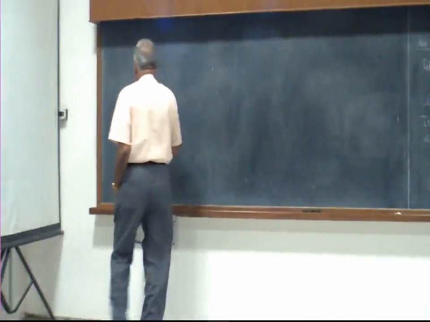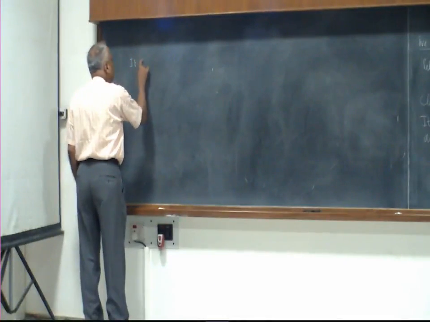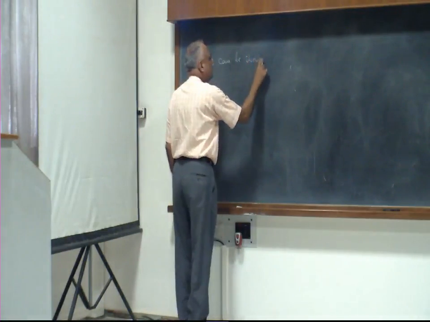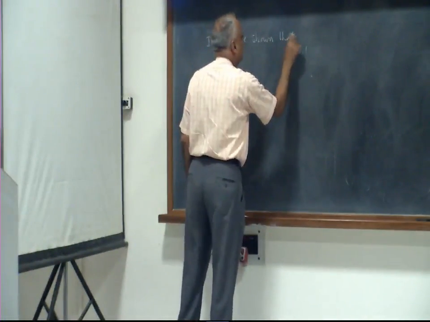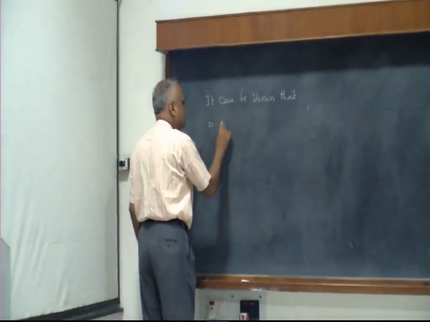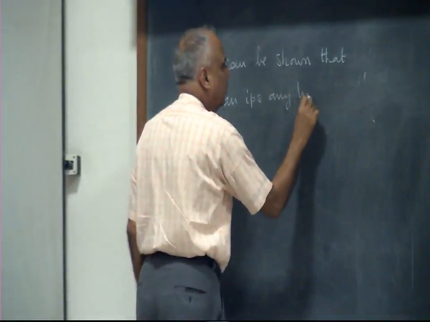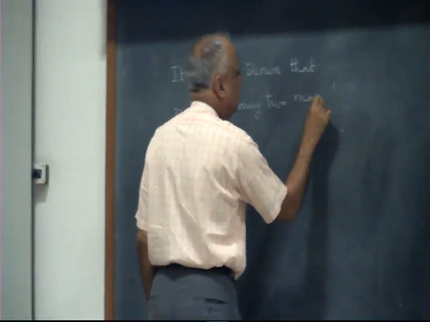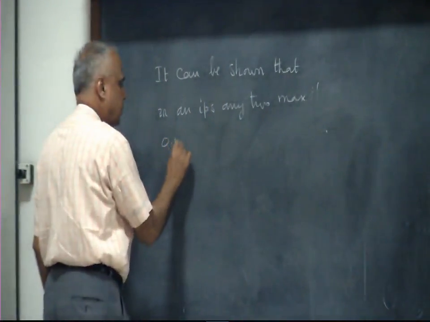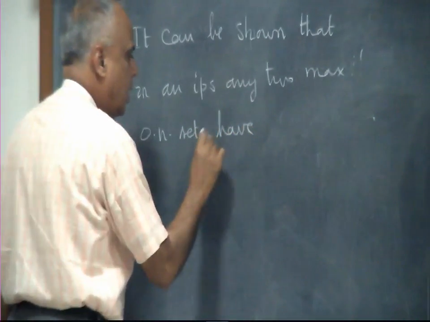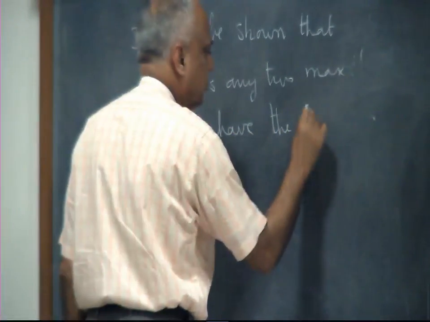I will not prove it, but it can be shown that in an inner product space, any two maximal orthonormal sets have the same cardinality.